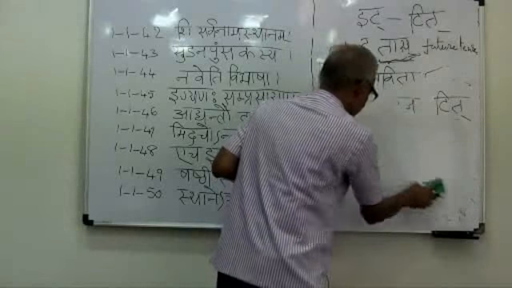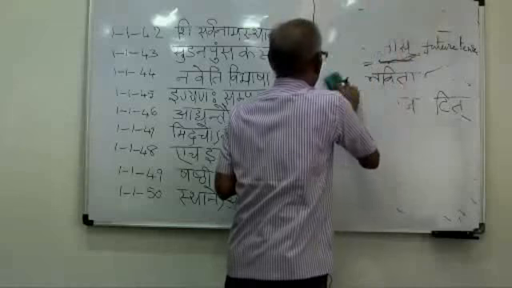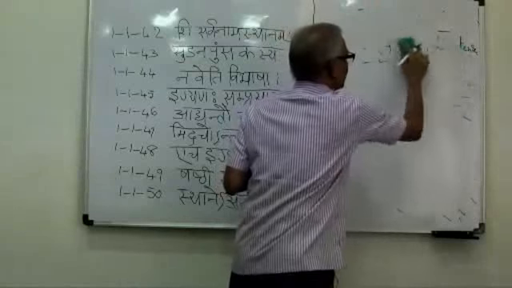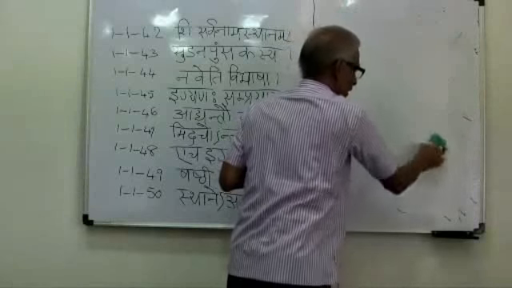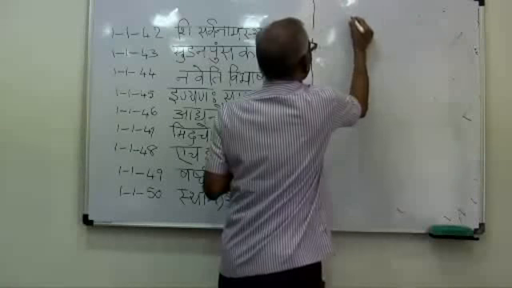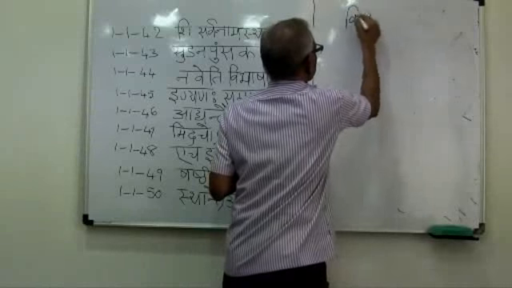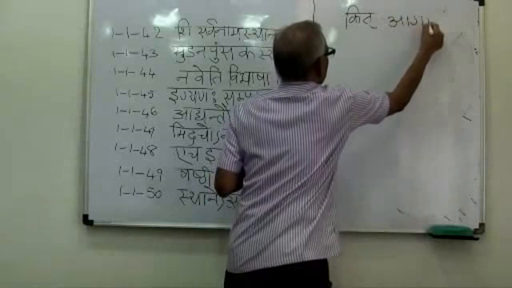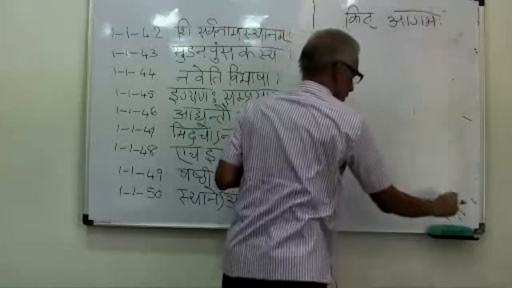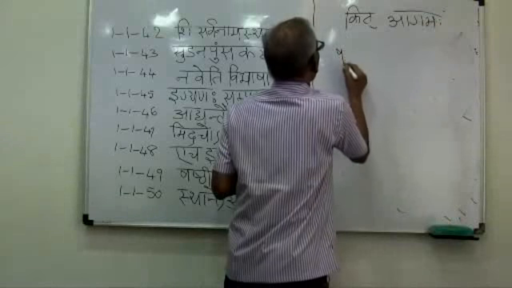Now we will go to kittagamas. Tit comes in adi and kit comes in the end. We will take one or two examples. Kittagama. For example, we will take an agama, shuk.